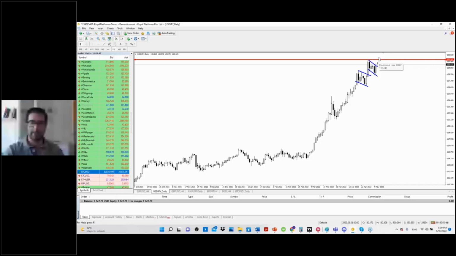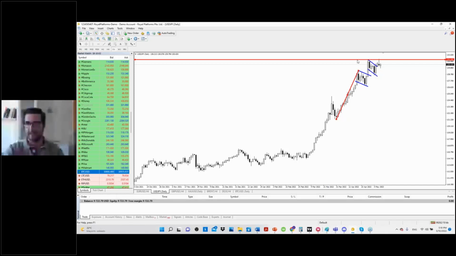For now, it is struggling, and what I fear as well is that if we look at the impulsive waves here, this is the first one, it was big, and then the second impulsive wave is shorter.